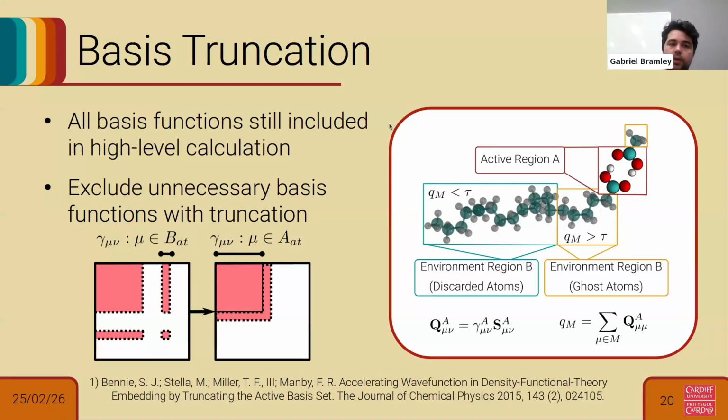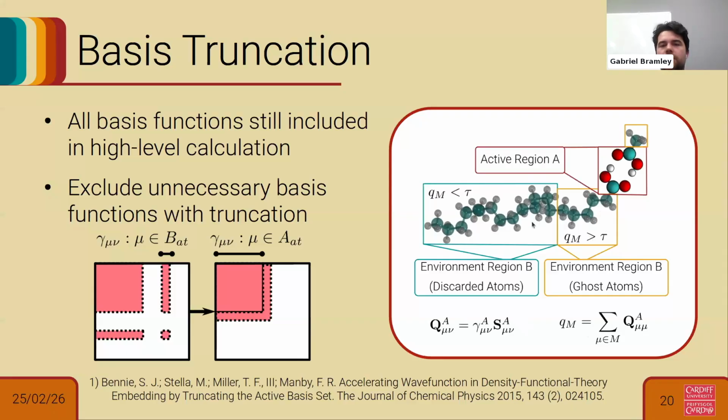But what we can do is use a form of basis truncation which removes ghost atoms from the environment that we're not interested in. In this case, we use a Mulliken-based threshold that essentially tells you, given a charge criterion tau, whether we're interested in a ghost atom.